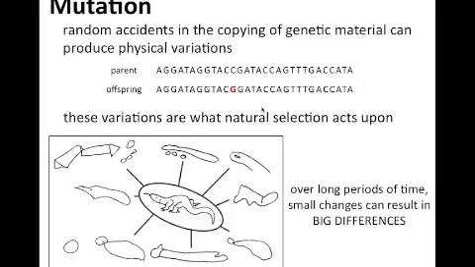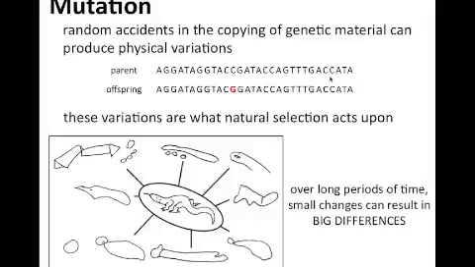So mutations occur all the time. And again, every physical variation is a result of mutation. If it weren't for mutation, none of us would be here. There would be no such thing as humans. There wouldn't be lizards. There wouldn't be fish. There wouldn't be zebras. We would all still just be little single-celled organisms floating in a pool of water.